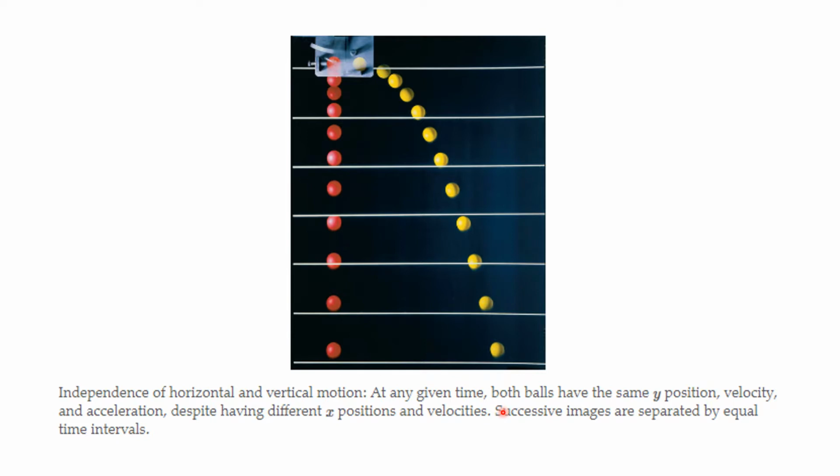At any given time, both balls have the same y position, velocity and acceleration, despite having different x positions and x velocities. Successive images are separated by equal time intervals. This picture was taken with a strobe light.